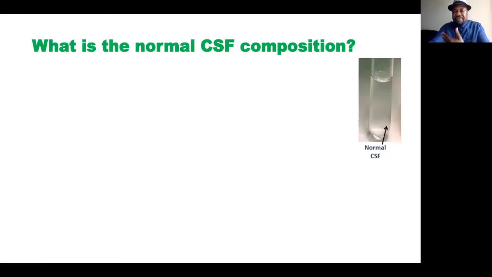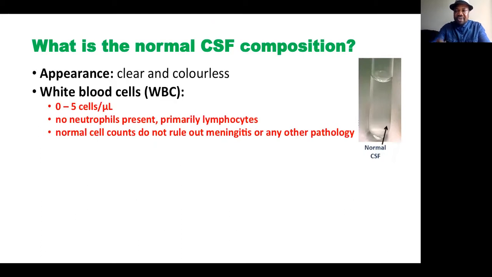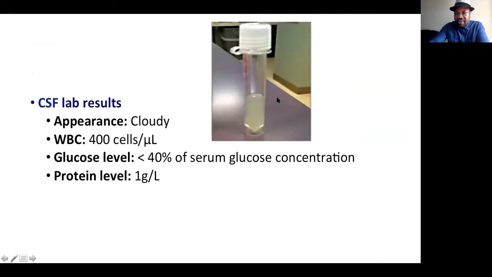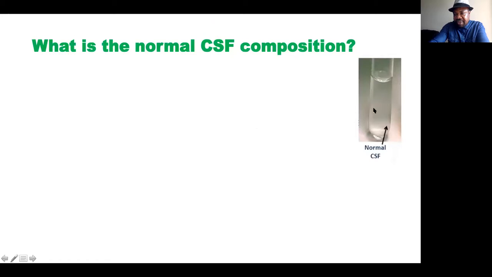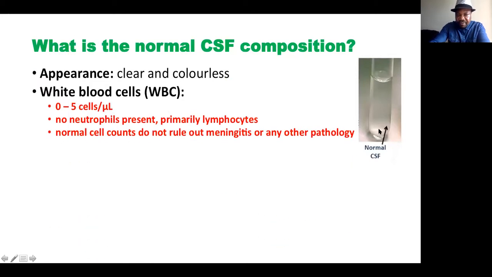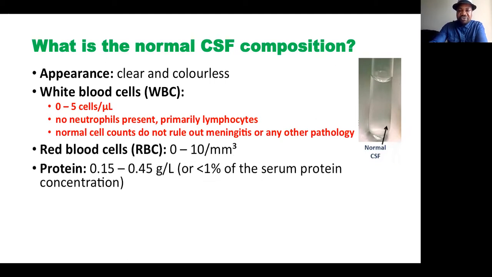Just to refresh your memory of what a normal CSF looks like, you can see here the appearance is clear. If you compare to this one, you can see that it's turbid, it's cloudy. It's different from this one, which is very clear. This is how a normal CSF looks. The white blood cells should be less than 5 cells per microliter and usually not neutrophils, and the red blood cells should be less than 10.